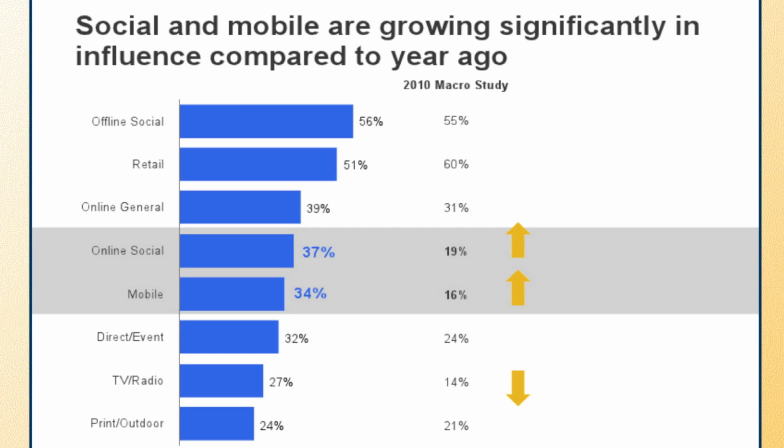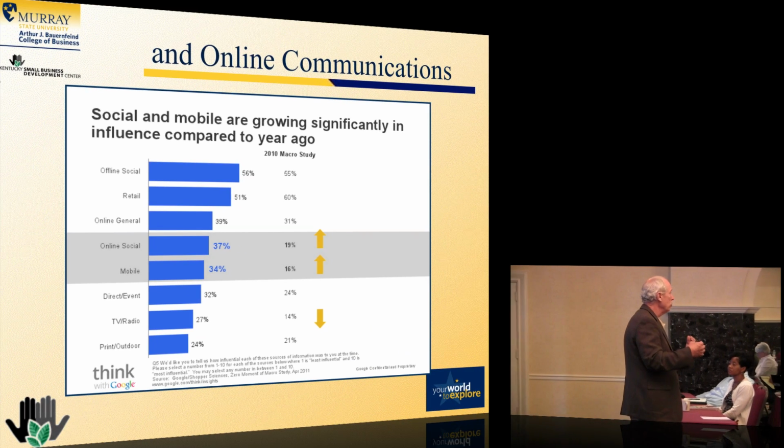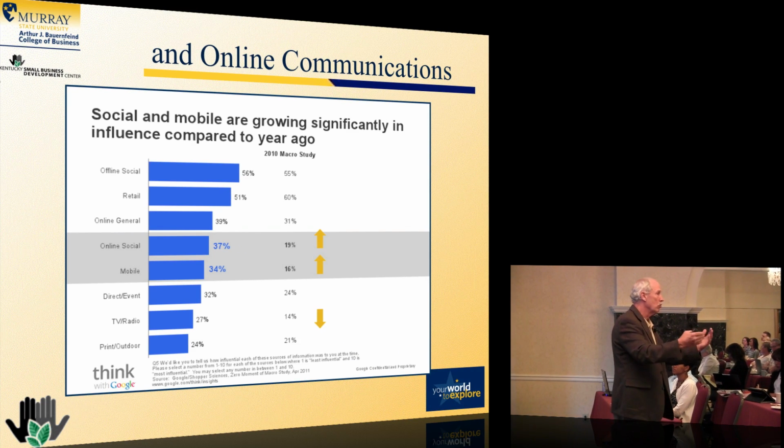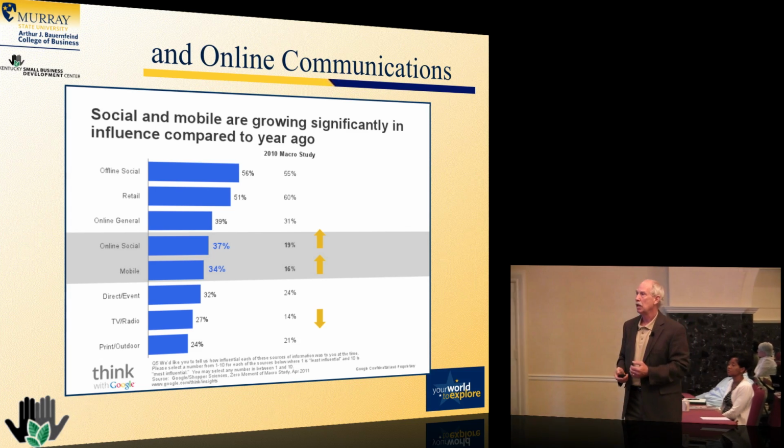Both of those numbers doubled, 34% to 37% for online social, 34%, 1 in 3 for mobile. So that explains a little bit of the growth in the sources that people are looking at, and it gives you some idea of the rapidity and the breadth of the styles of search that people are employing.